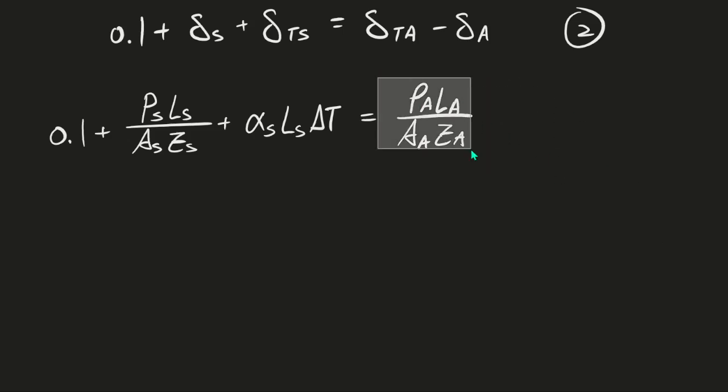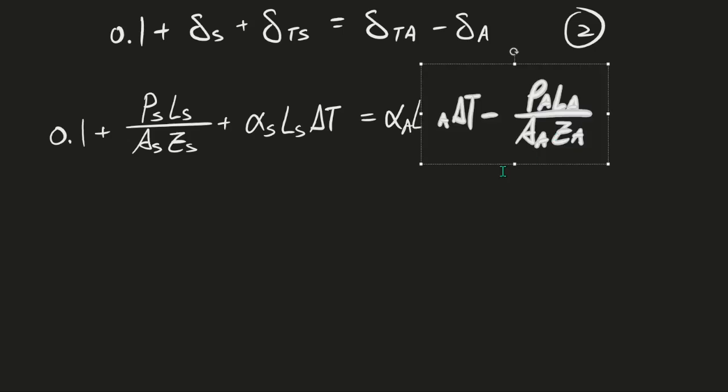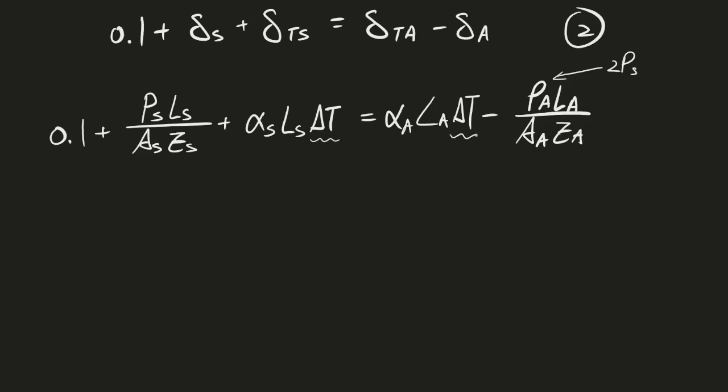Whoops. Okay, thermal, it was alpha A LA delta T. There you go. Let's fix my L a little bit. It looks like a smaller L. Good enough. We know previously that PA is just twice PS. So the only unknown we have here is delta T, which is the rise in temperature.